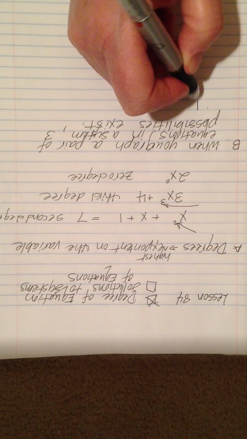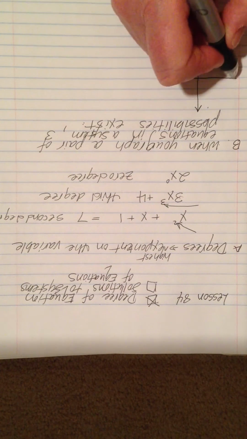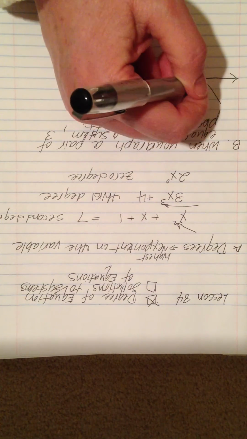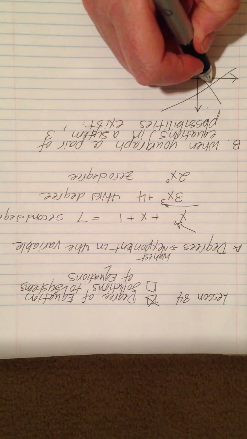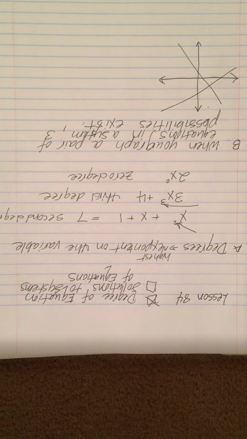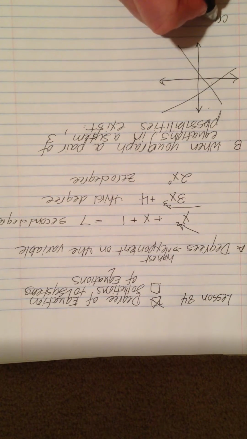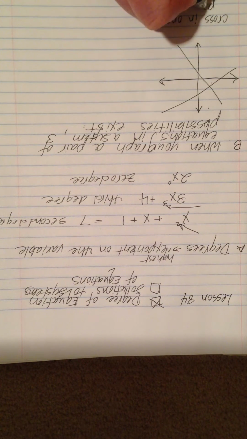Okay? The first possibility, and we're going to draw our little graphy doodle here. The first thing, and in our experience, the most likely thing, is that you'll have one line and another line. And they will cross in one point. Okay? So in this example, our lines cross in one point.